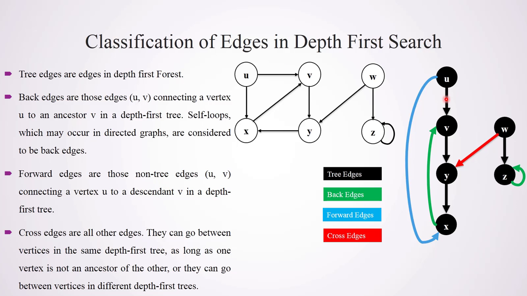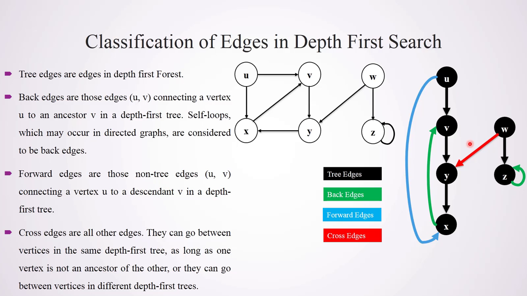The darkened black edges show the sequence in which we visited U, V, Y, X. Then we visited W and Z. So here there is an edge from U to X. In the input graph we have an edge from U to X, and also we have an edge from X to V, which I drew as a green line, and there is an edge from W to Y, and also there is a self edge on Z.